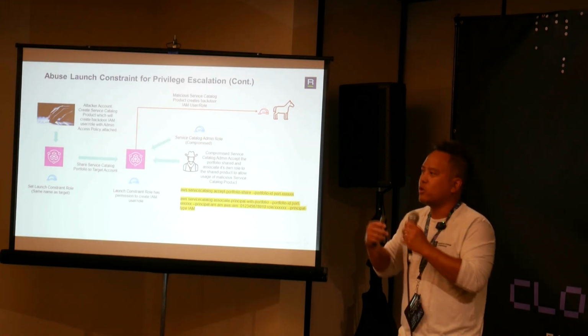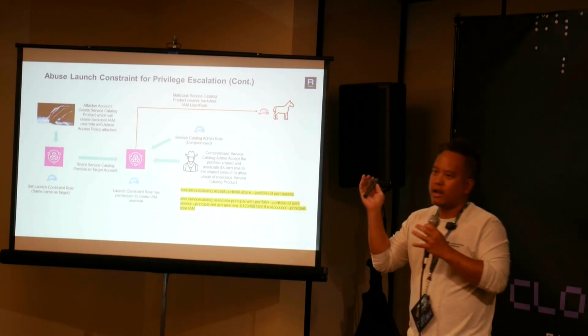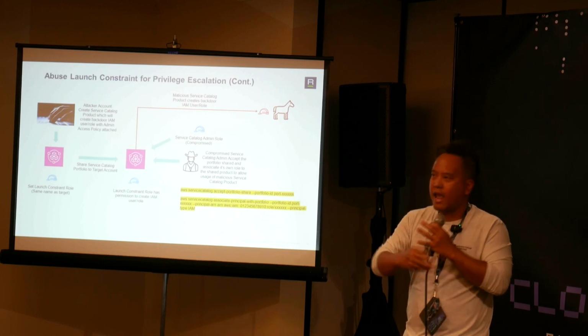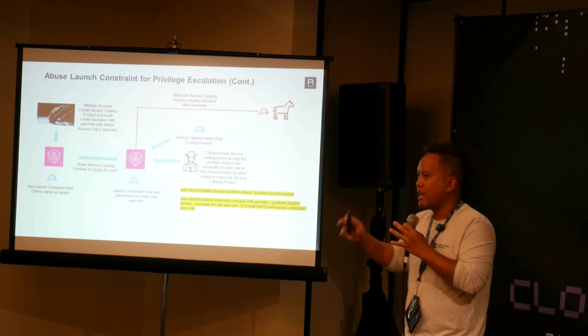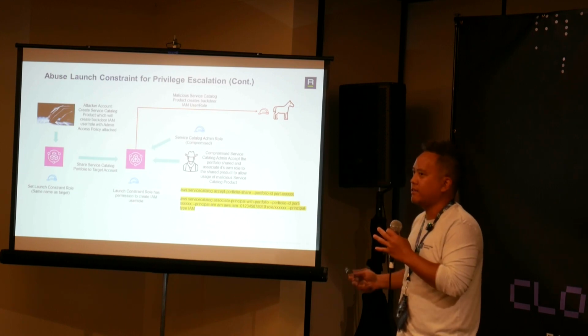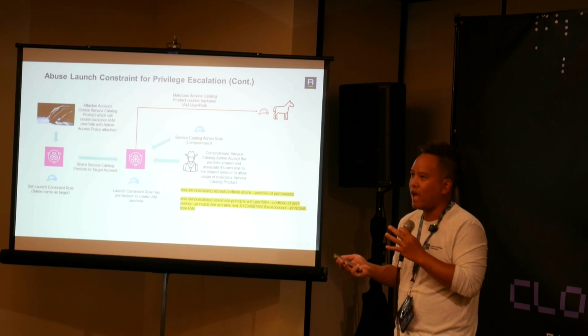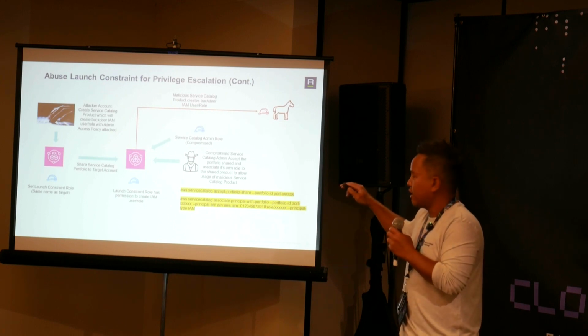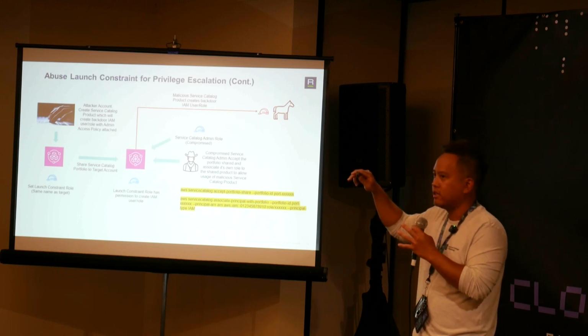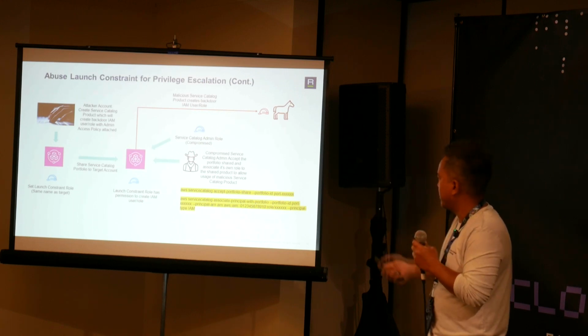Use your imagination: you can create YAML files that create IAM roles, or any type of resource, and it's going to use the permission on the target account to execute all that. The attacker themselves don't need to have it. Service catalog admin doesn't have to have that permission either, because it's running in the context of the launch constraint.